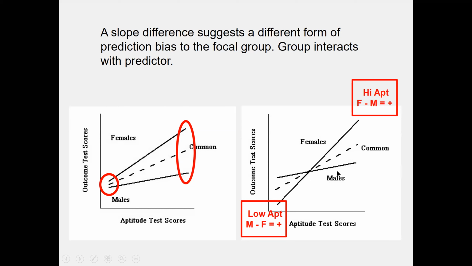But when you look at males with high aptitude, females do better than males. So it's a strange outcome, and one that you definitely want to investigate. The aptitude scale functions differently for different groups. And that's pretty much always a problem. It's a problem at the item level, where we look at it in terms of differential item functioning, and it's a problem at the whole test level.